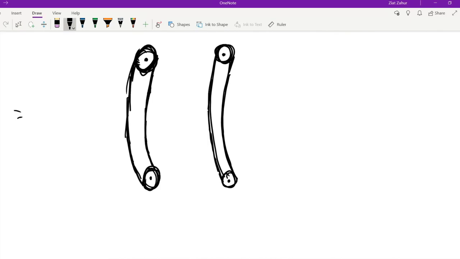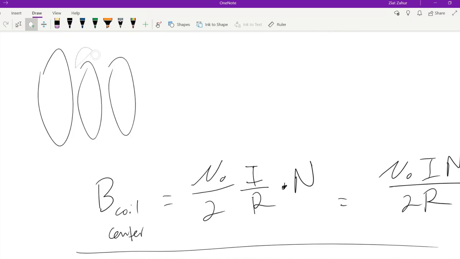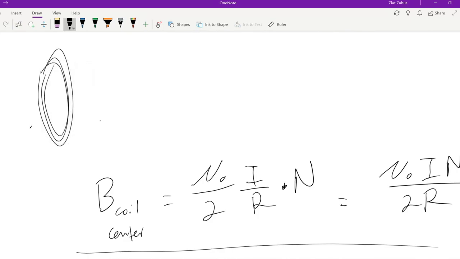So how come you multiply it by n if the loops have different distances from the point of interest? No, this is a stack of loops. That's when we multiply by n. Imagine basically having multiple loops at the exact same position; for this one, we have to stack them up. And we also have to ensure that all the r's are essentially the same or negligible in difference.